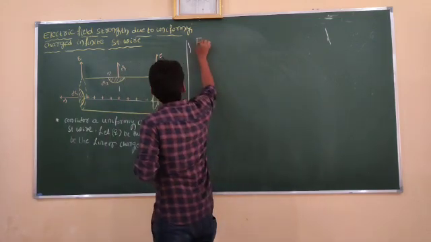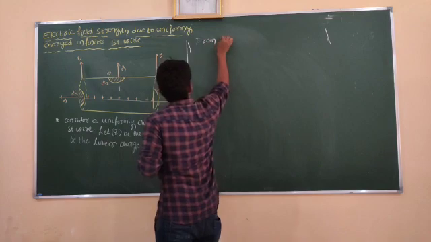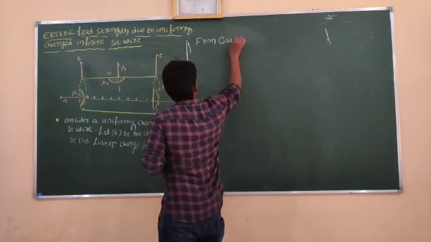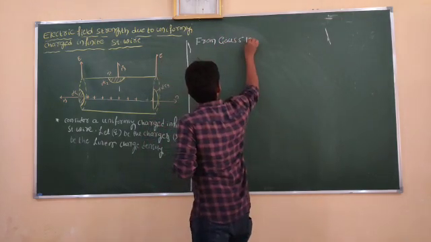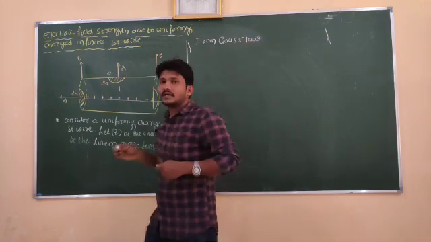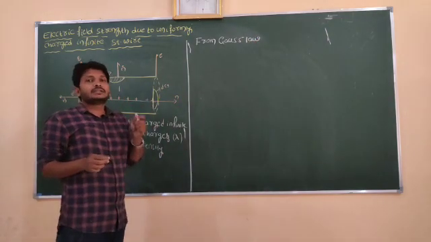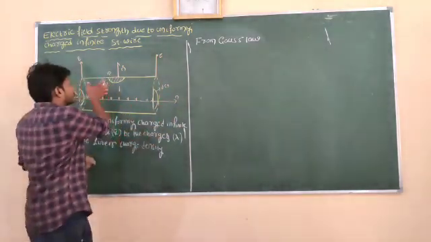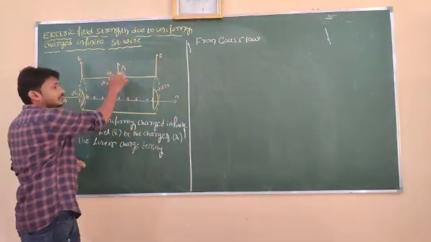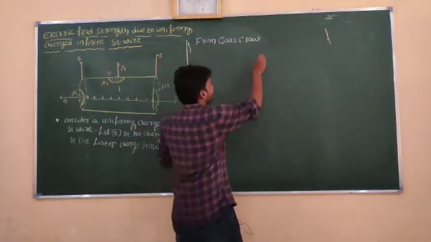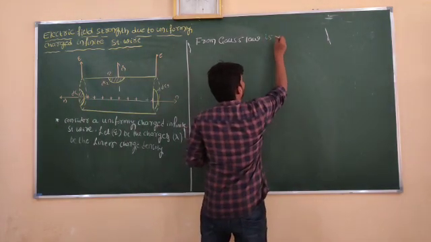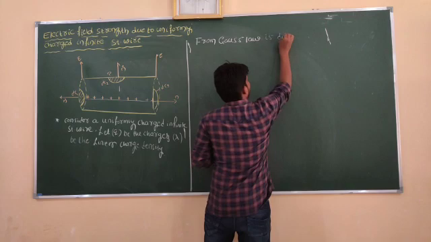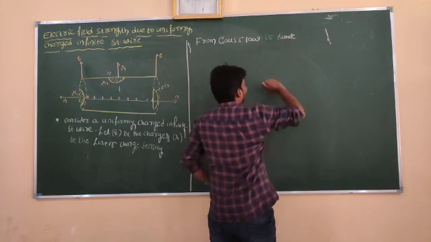From Gauss law, phi is equal to E dS cos theta. I took three regions here, so Gauss law is divided into three regions.